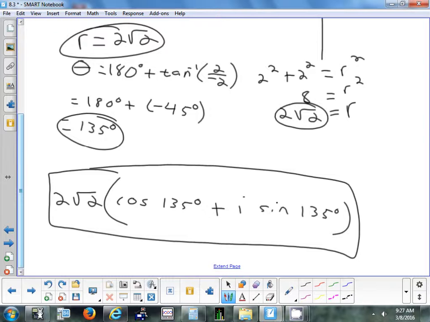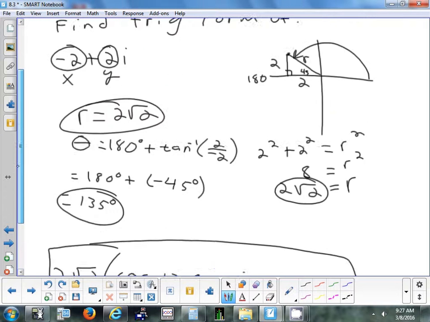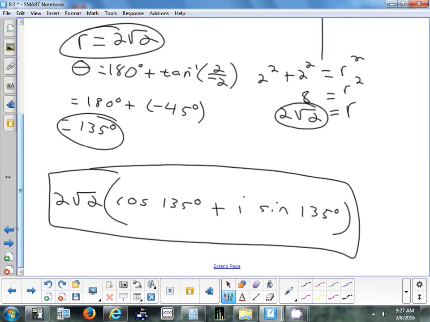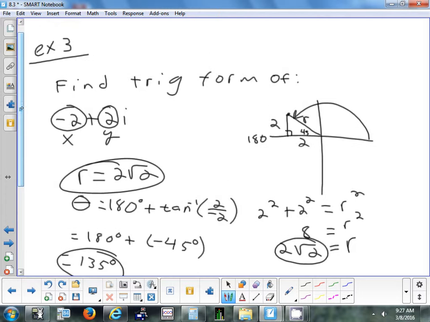If you were to take this 2 root 2 and distribute it out to cosine 135, and then distribute it out to sine 135, what you'd be doing is reversing everything we just did and changing it back to what we started with. If you want to check your answer, you can try that on your calculator. Take 2 root 2 times the cosine of 135, and I guarantee you'll get negative 2.